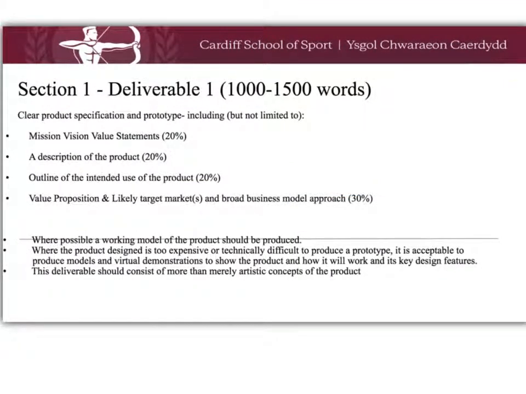So section 1 will be a minimum of 1,000 up to 1,500 words. I will accept a larger section, but no more than 2,000. This is about clearly stating your company mission, vision and value statements, and clearly articulating a description of your product, in terms of features and functions, outlining the value proposition, the intended use, and your broad business model approach.